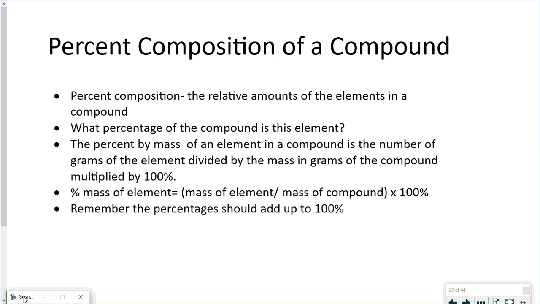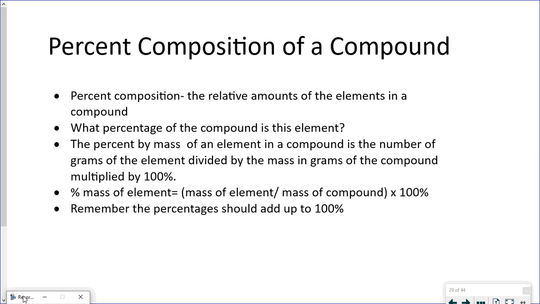This is going to look at the percentage by mass of what percentage of this compound is sodium or what percentage of this compound is chlorine. So it looks at the relative amounts of elements in a compound.